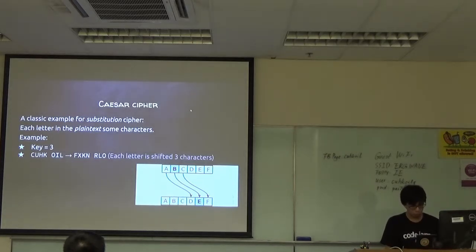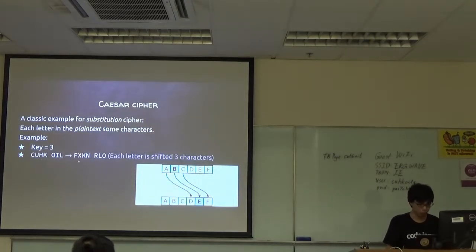So this is a very classical cipher, a classic example of a substitution cipher, as well as of cryptography. Although it doesn't seem to be encryption nowadays, it really was. Why? Because it tried to scramble the data from something we know to something we don't know, from CUHK to wherever.